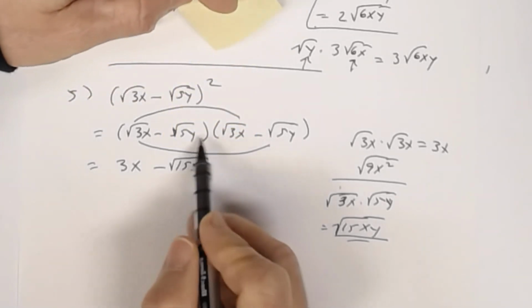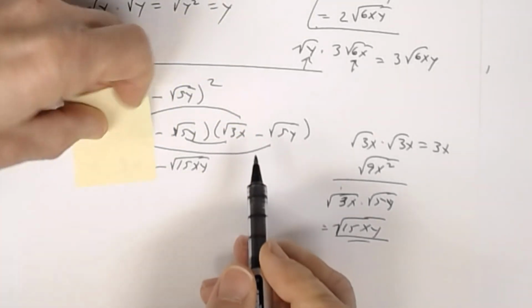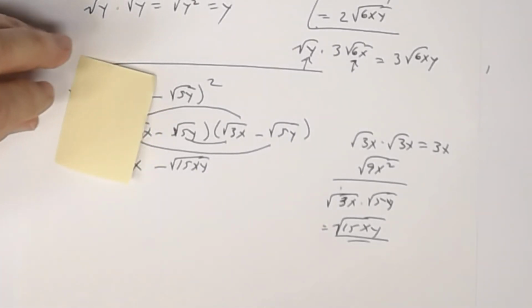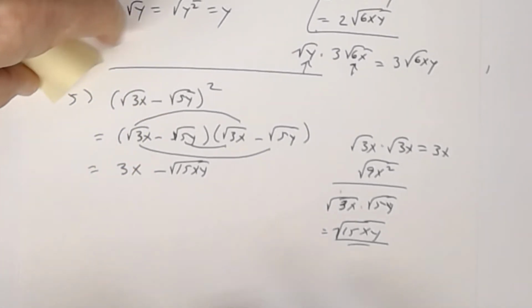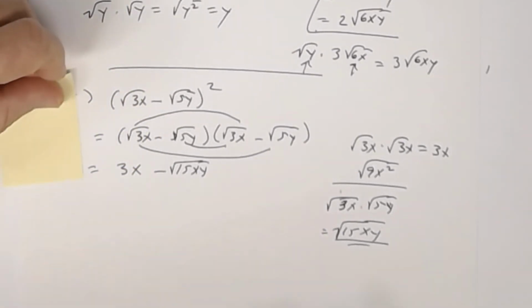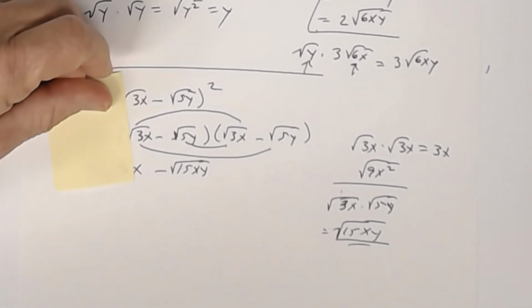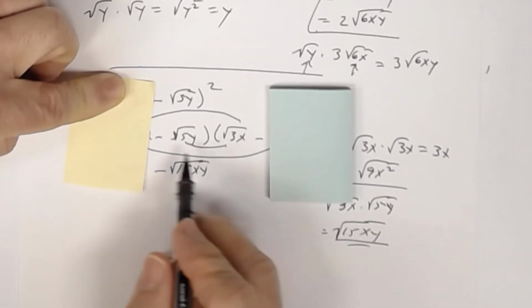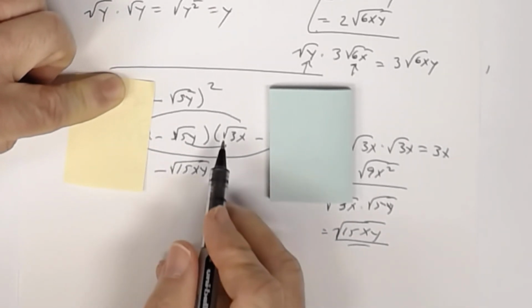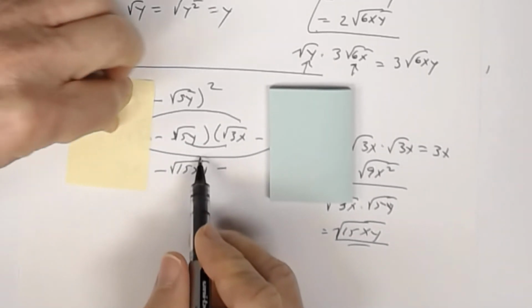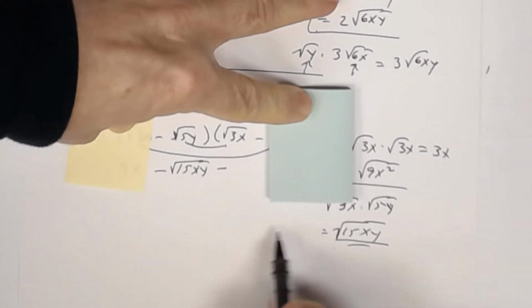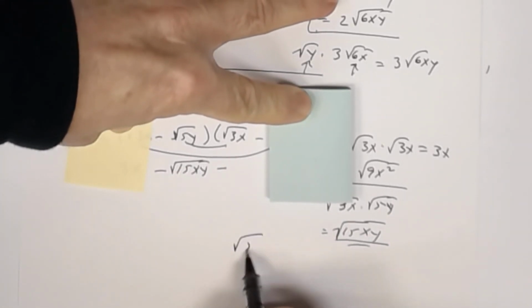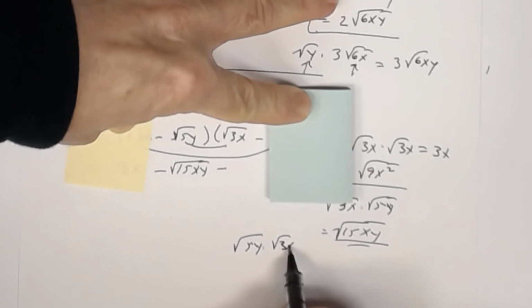Okay? Now let's talk about the inner now. So if you have to cover up the other portion, then you cover up the other portion, the outside right here. So just cover that up. And so let's talk about the inner. A negative times a positive is a negative. And the same thing, you have the square root of 5y times the square root of 3x.